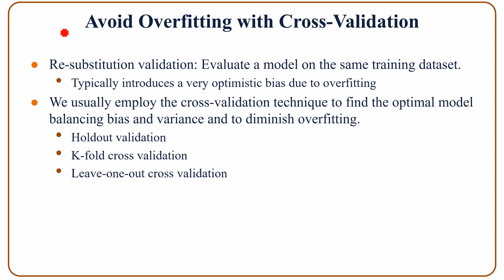And this is called resubstitution validation. We use the cross-validation technique to find the optimal model, which balances bias and variance, and at the same time fixes overfitting. We will talk about holdout validation, k-fold cross-validation, and leave one out cross-validation.